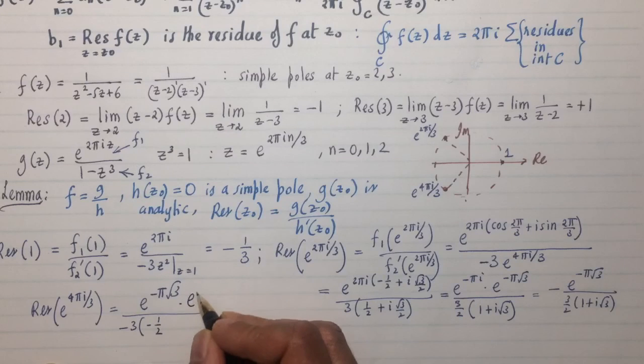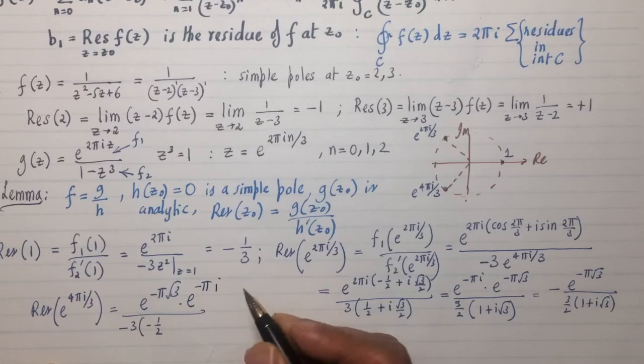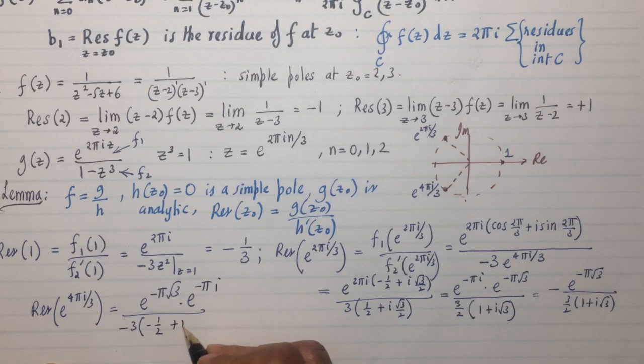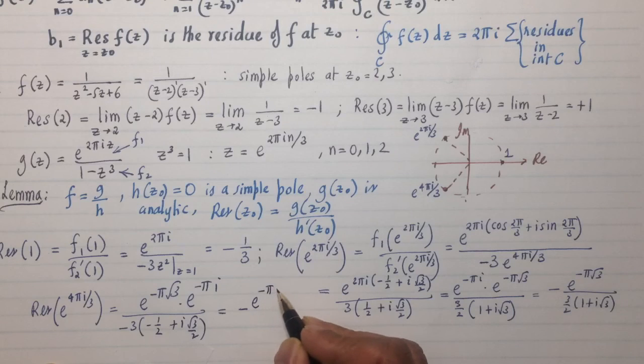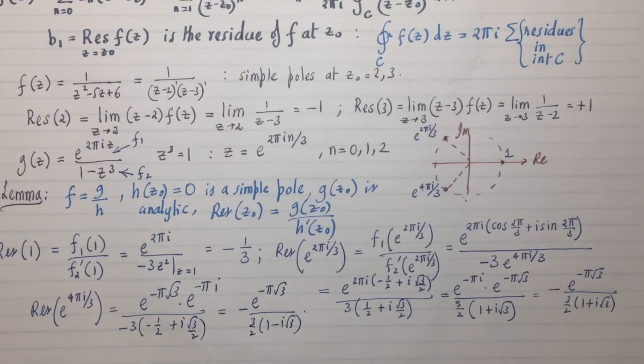So I'll write this e to the minus pi i again, plus i root 3 over 2. So this gives me negative e to the minus pi root 3 divided by 3/2, 1 minus i root 3. So that's the only change you have in the denominator, the numerator doesn't change at all. So these are the residues, and we have solved this problem.